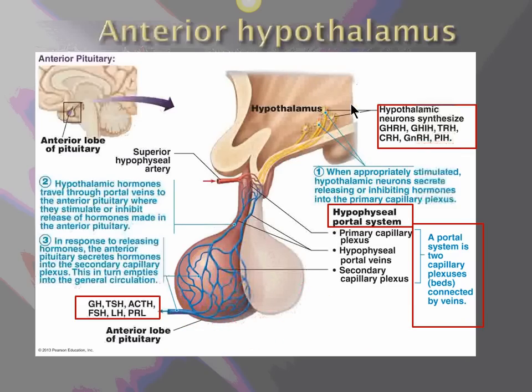So if you look here, the anterior hypothalamus has numerous neurons, and these synthesize releasing hormones or inhibiting hormones. So collectively, they synthesize releasing or inhibiting hormones.